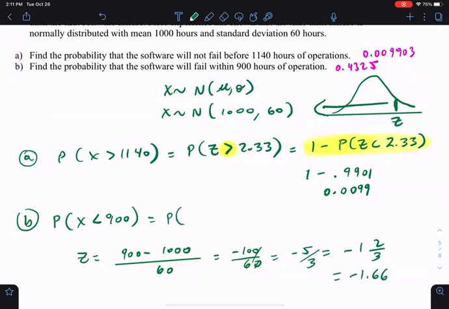So this is the probability of Z less than negative 1.66. Since the value is to the left, I can just use the table and get my answer.